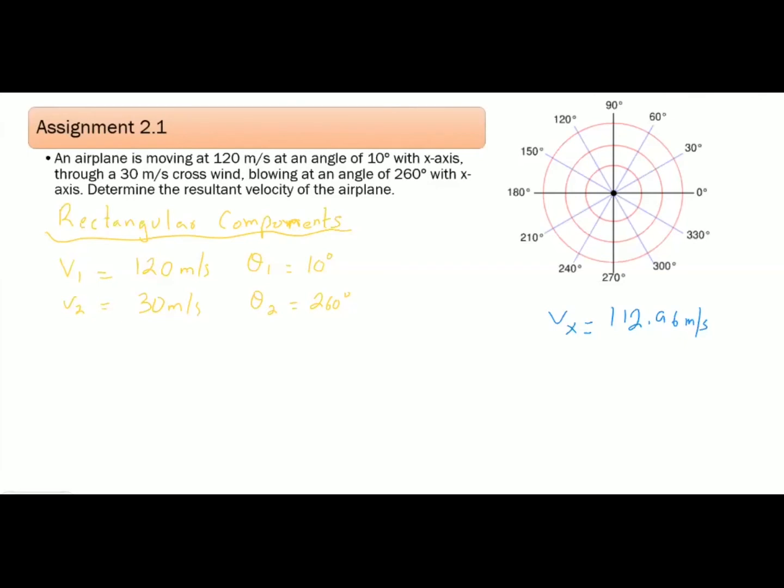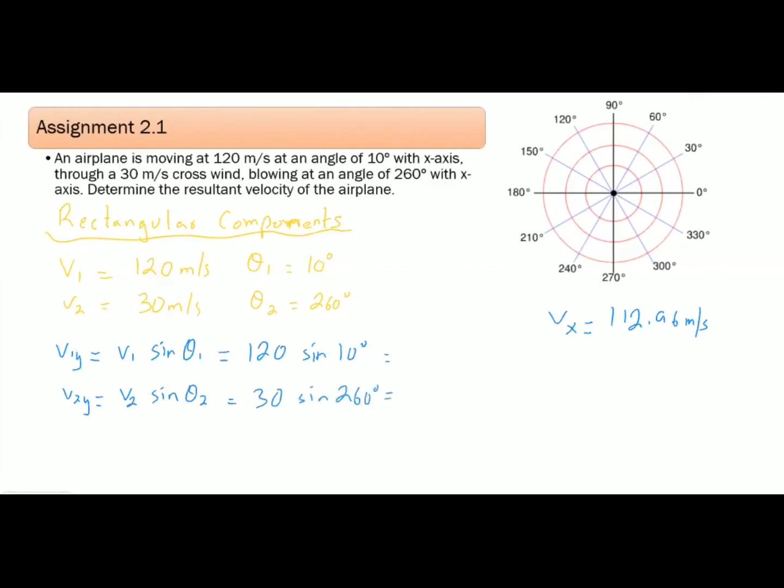Now we will solve this for the vertical component. To solve this for the vertical component, v1y will be equal to v1 sine theta 1, while v2y will be equal to v2 sine theta 2. So this is equal to 120 sine of 10 degrees, and this is equal to 30 sine of 260 degrees.